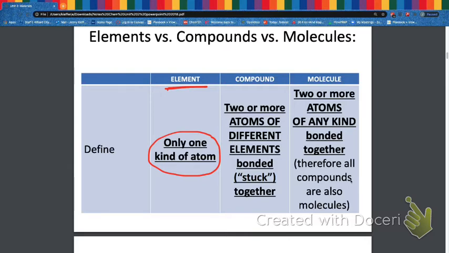A compound is two or more atoms of different elements that are stuck together. Molecule is kind of a generic word for anytime you have two particles stuck together, a chemical bond between the particles.